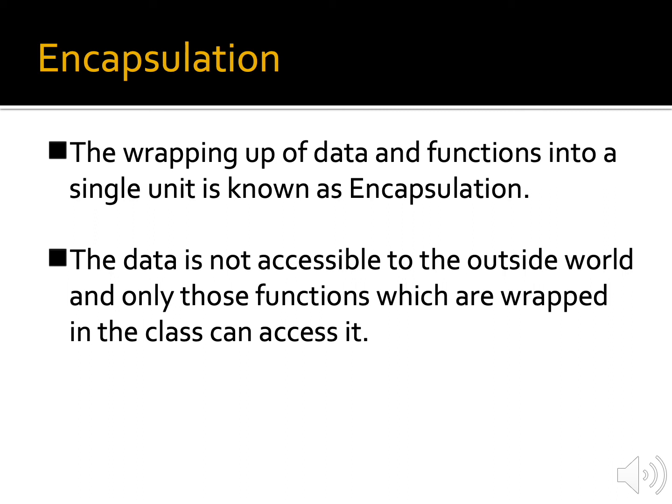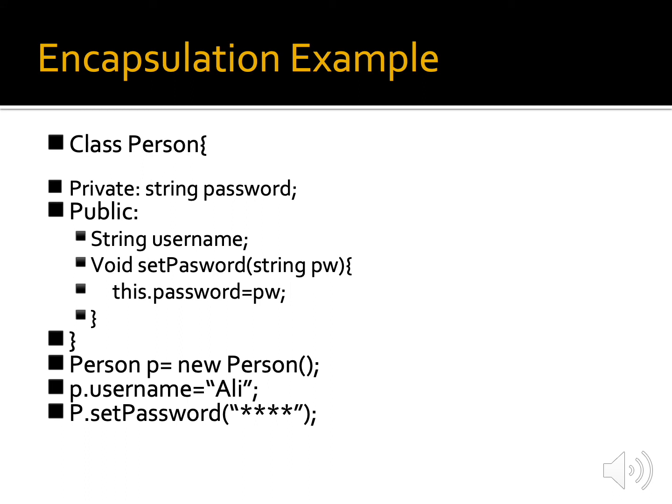So the data is not accessible to the outside world, and only those functions which are wrapped in the class can access it. You can revoke the access by making it private or protected, or give the access using the public specifier.